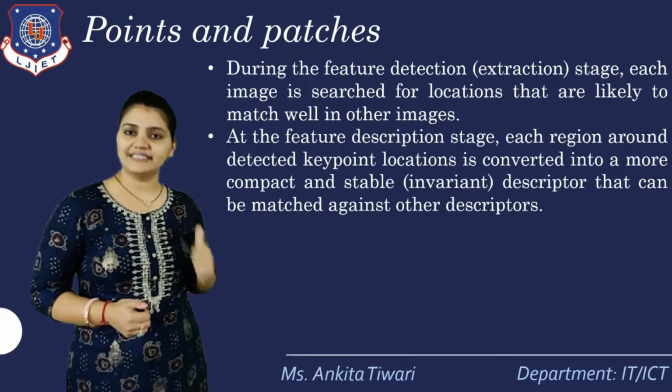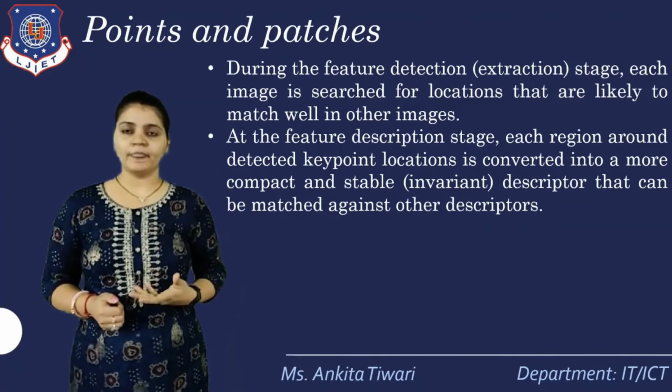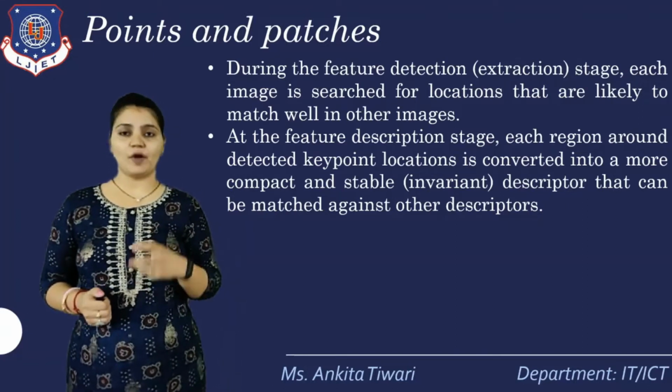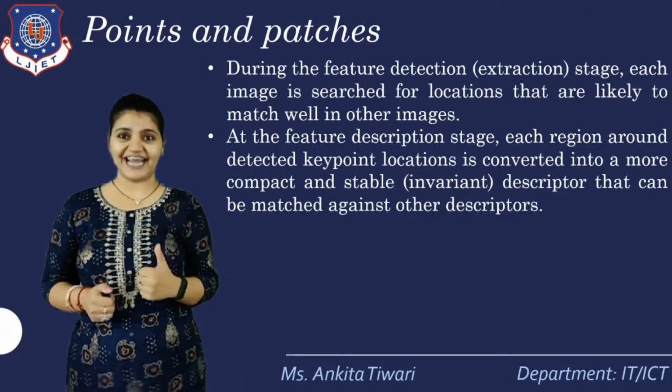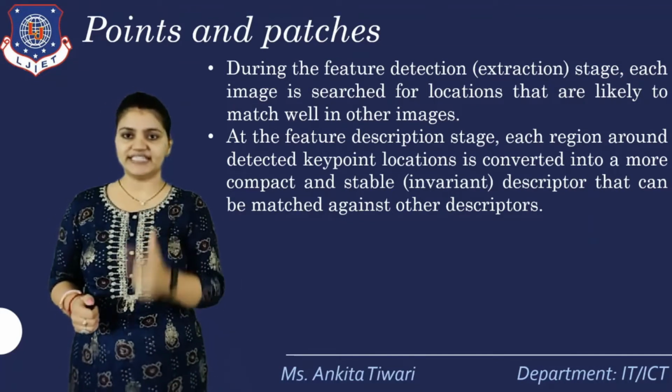We are going to see what descriptors mean after this topic. These descriptors find the matching properties used to describe any feature that we extracted in the feature detection stage.